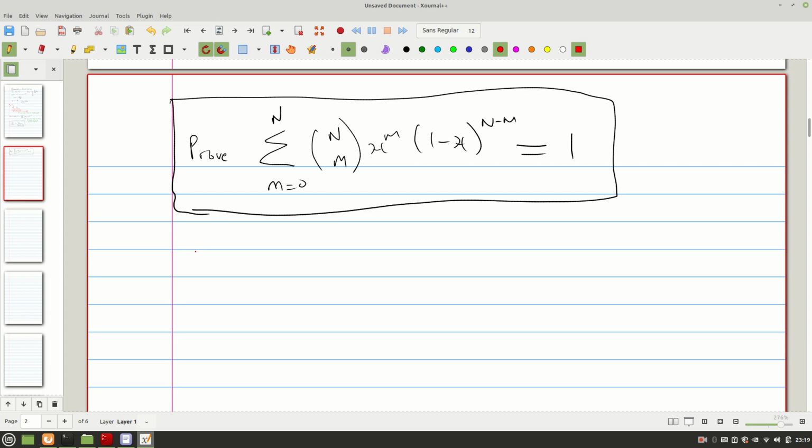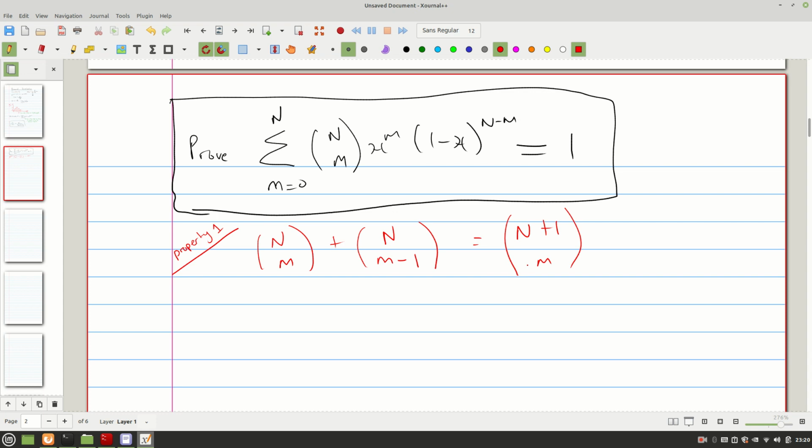And the first one, let's say property 1, would be that n choose m plus n choose m minus 1 is equal to n plus 1 choose m.